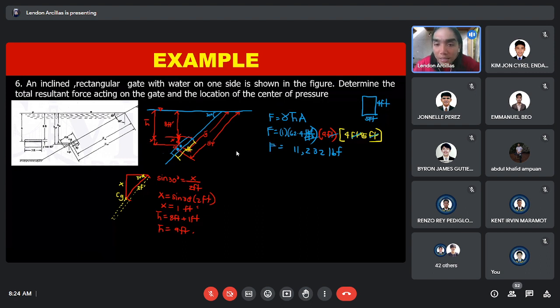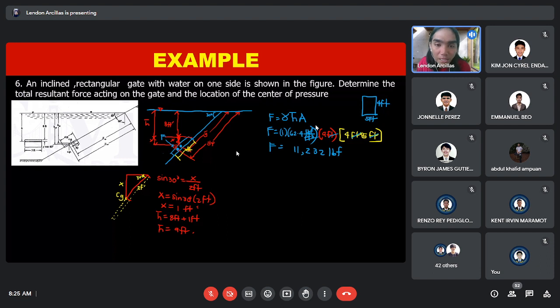Next, so nakuha na natin yung hydrostatic force, which is dito siya. Dyan siya nag-a-act. Next is, paano natin makukuha yung YP? That is the location of the hydrostatic force na naka-inclined. So, the location of center of pressure. How?